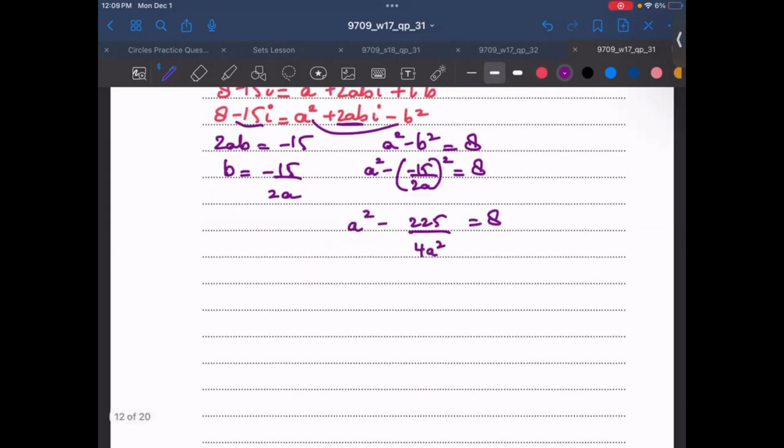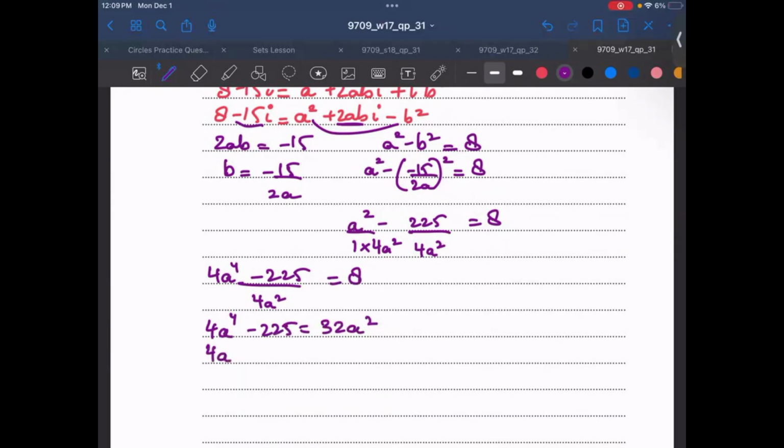Taking the LCM, we'll get 4a to the power 4 minus 225 divided by 4a squared is equal to 8. Cross multiplying, we'll get 4a to the power 4 minus 225 is equal to 32a squared. And now we'll get 4a to the power 4 minus 32a squared minus 225 equals 0.